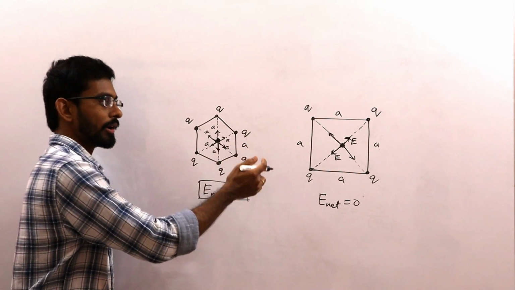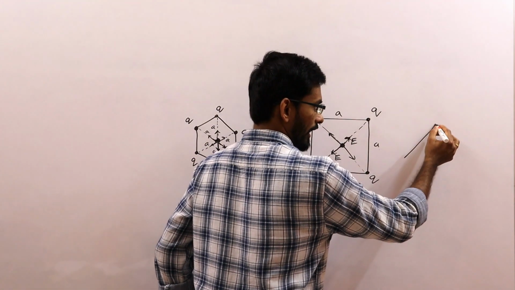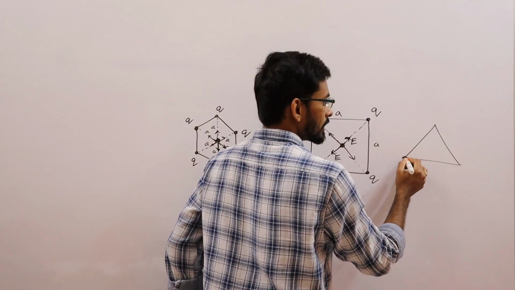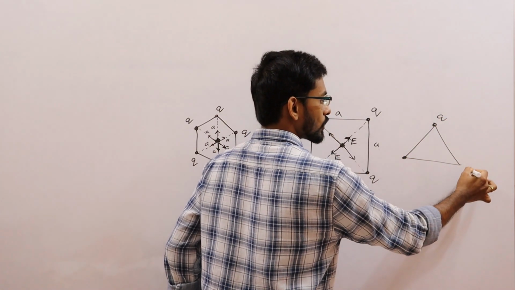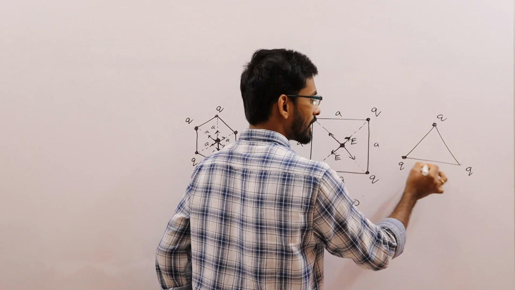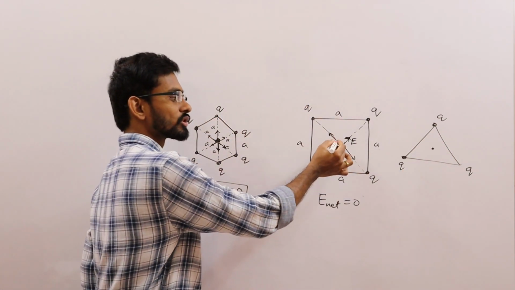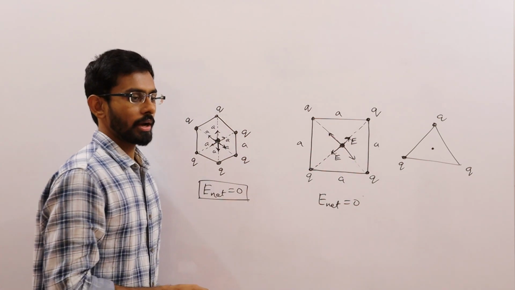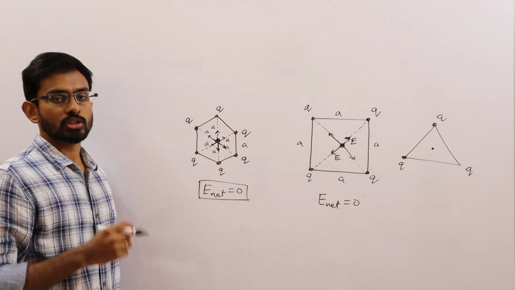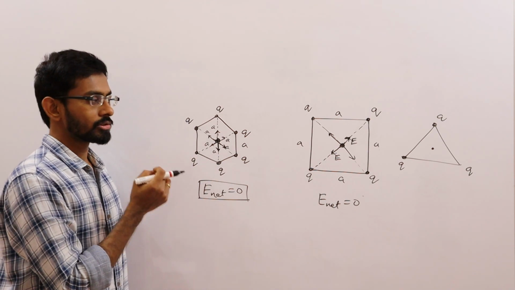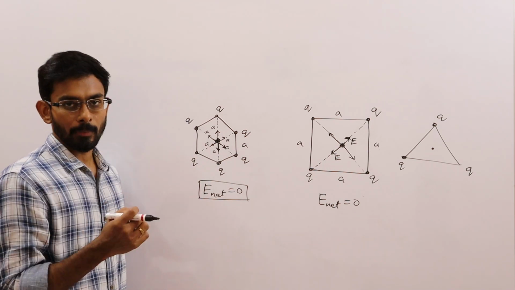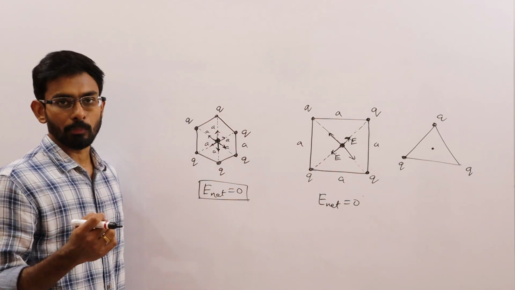In the first case we discussed a triangle. When you have 3 identical charges on the vertices of a triangle, the net electric field at the center is 0. Similarly for a square it is 0, and for a hexagon it is 0. It's not only for triangle, square and hexagon, it is applicable for any regular polygon.